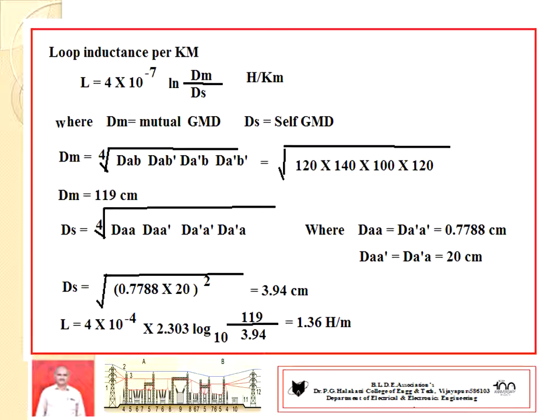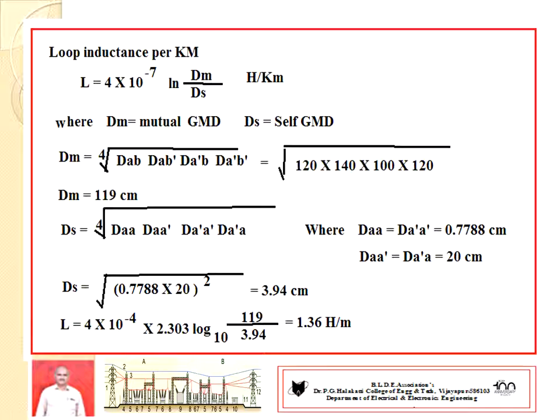Similarly, Ds, the self GMD value, is again the fourth root of the own conductor terms DAA, DAA dash, DA dash A, DA dash A dash. So DAA and DA dash A dash should be equal to 0.778 times the radius, and DAA dash, that distance, is 20 centimeter.